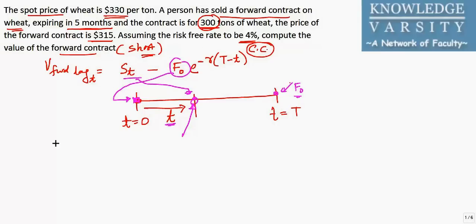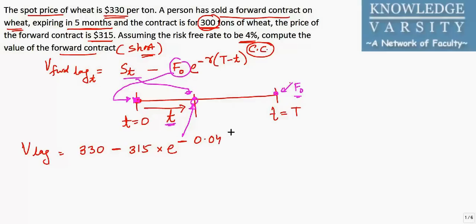So let's see how we get it. We are computing the value to the long, and the spot price is given as 330 per ton, minus the forward price that has been agreed, 315, times e to the power minus the risk-free rate. The risk-free rate is 4%, so it will be 0.04.